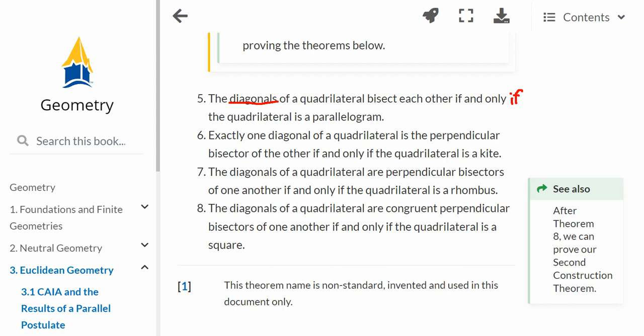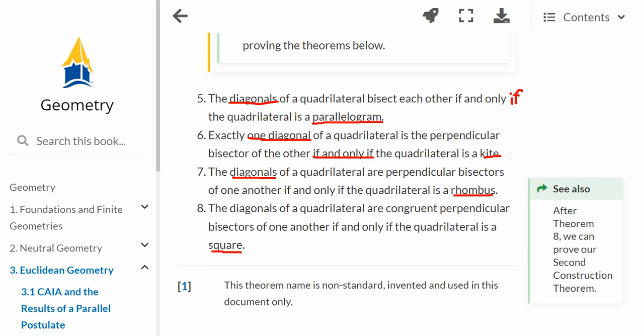Okay? And exactly one diagonal of a quadrilateral is the perpendicular bisector of the other if and only if the quadrilateral is a kite. So each of these guys, rhombus, parallelogram, square, rectangle, they all have definitions in terms of their diagonals. So definitely you want to look at these.